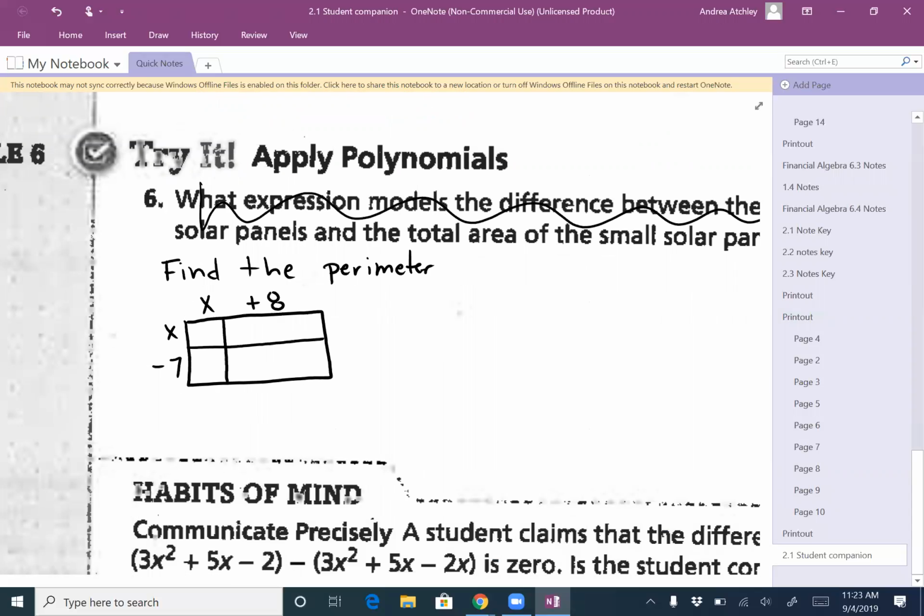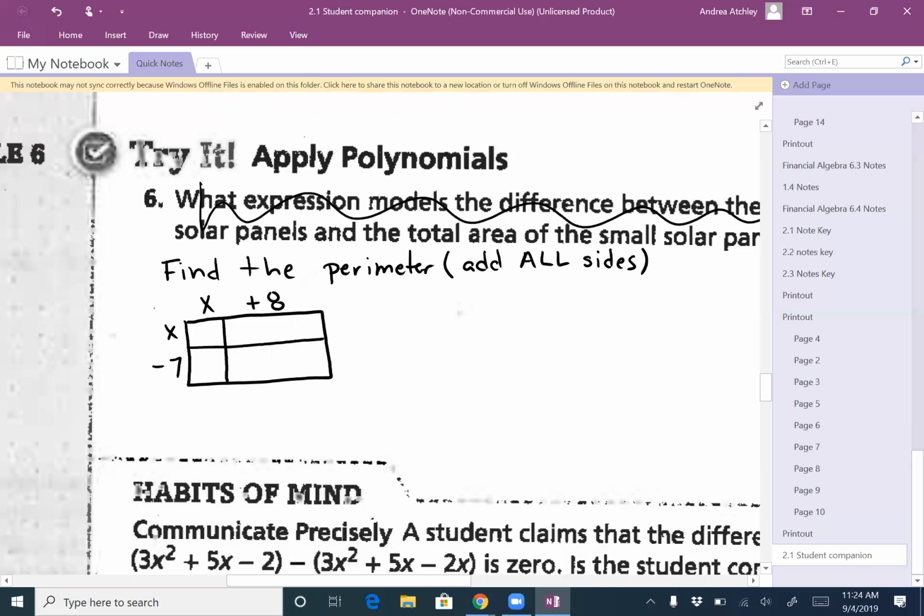Okay, can someone remind me what perimeter is? Yes. Okay, all the sides, all the way around the figure. So perimeter, just to remember, add all sides. It's if I walked all the way around the rectangle.